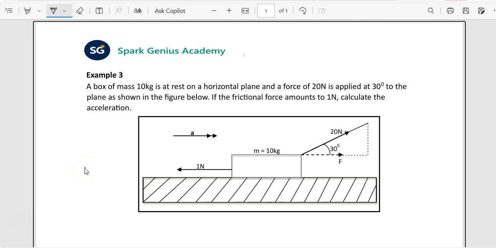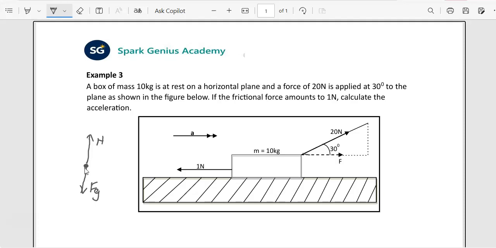So remember, if an object is in contact with the surface, it's going to experience the normal force. And the horizontal surface will experience the weight of that object. This is Fg. That is the vertical forces. But remember, this is not the only vertical force acting on the object.